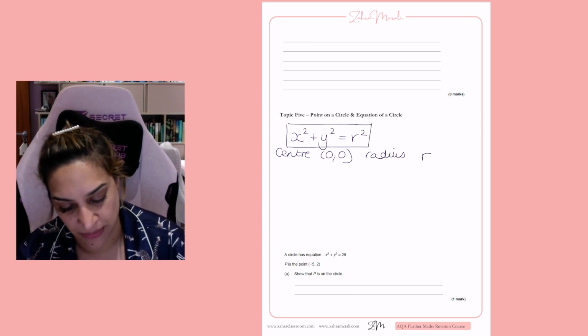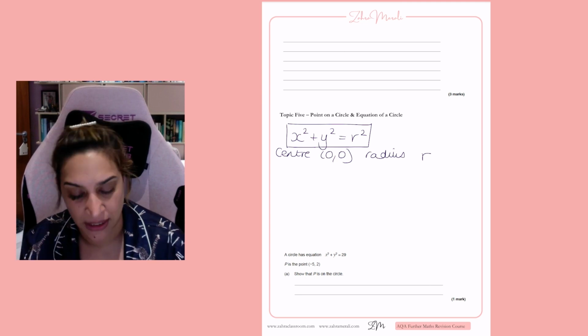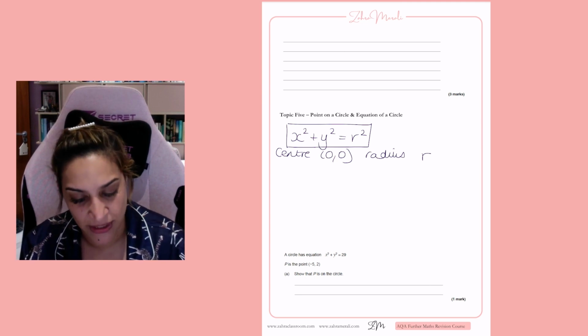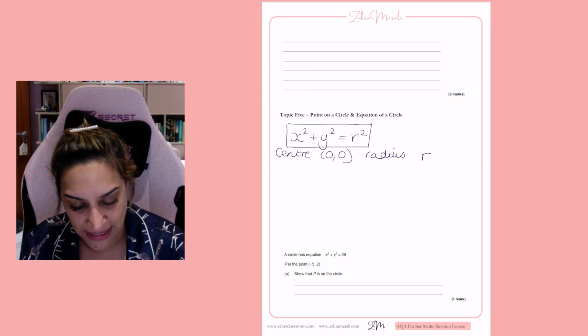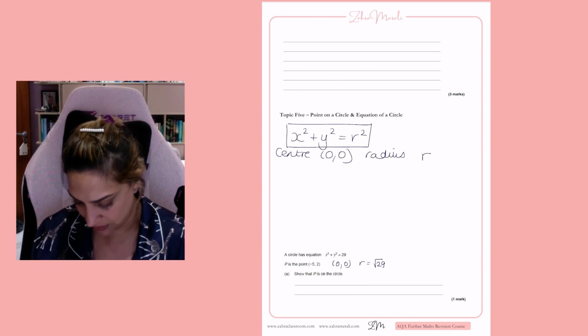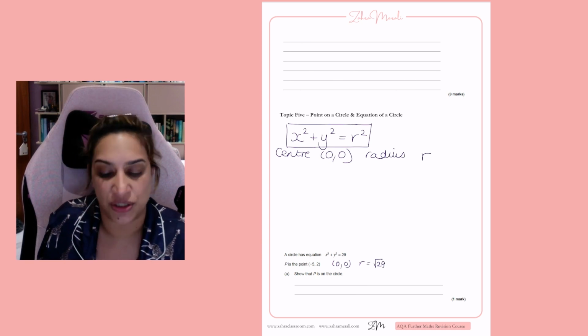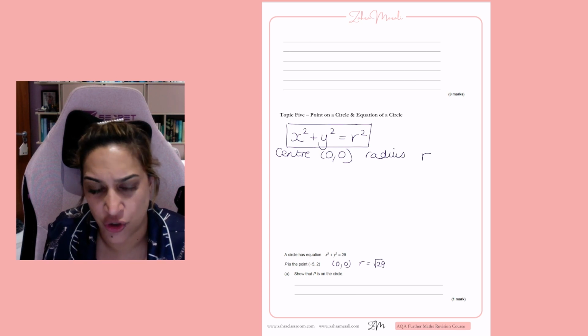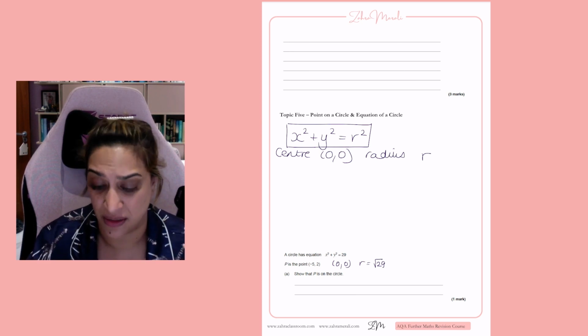Okay, let's show you what that means. So we've got an equation here. We've got x squared plus y squared equals 29. So that's saying the center is 0, 0, and the radius will be root 29. So that's what my equation is saying. And I want to show that P is on the circle.